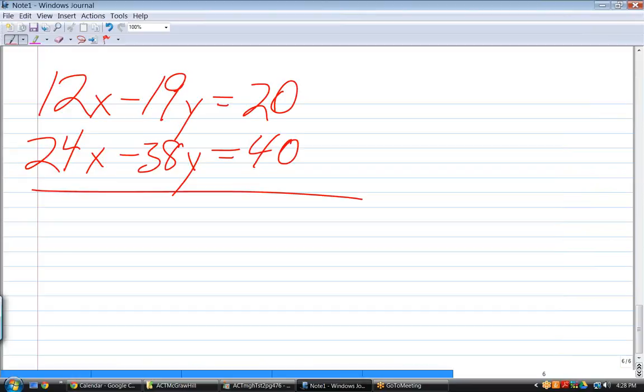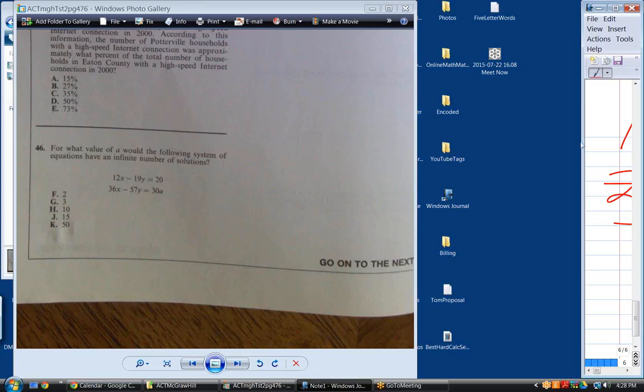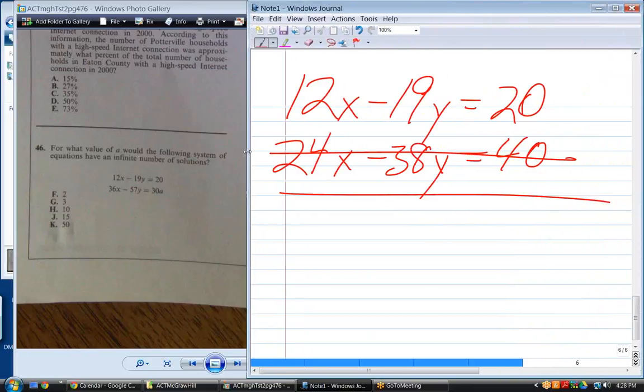Still infinite. In other words, this situation is the same as just having one equation. That second equation is not a different equation. It is the same equation multiplied by 2. So if I have an infinite number of solutions here, I've got an infinite number of solutions when I have both of them.